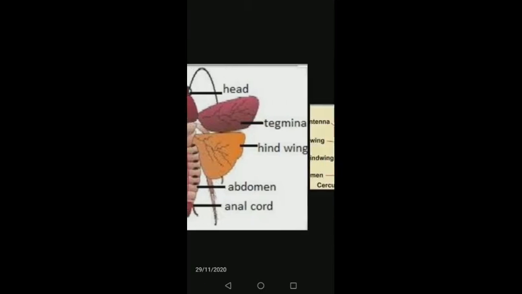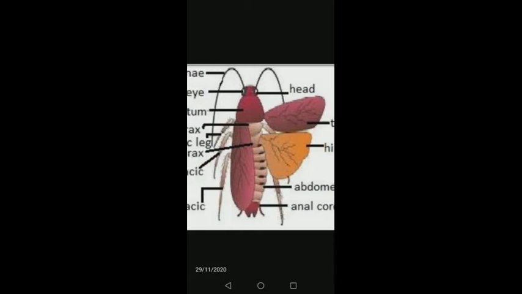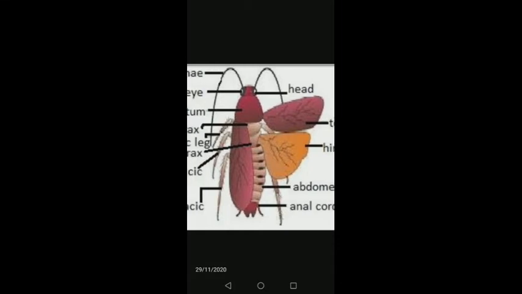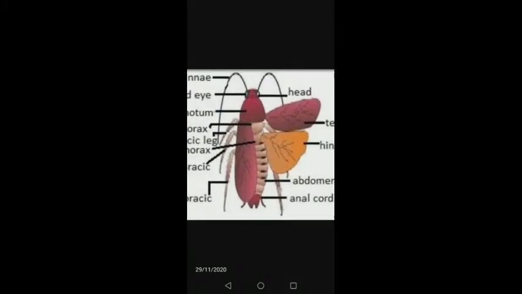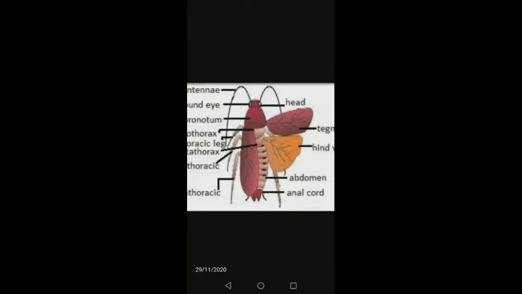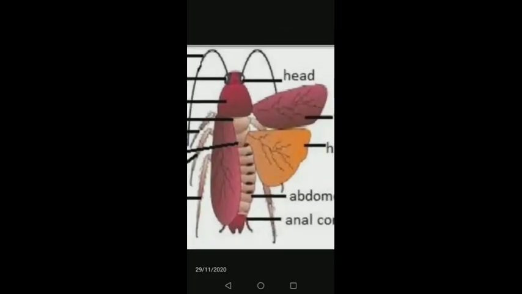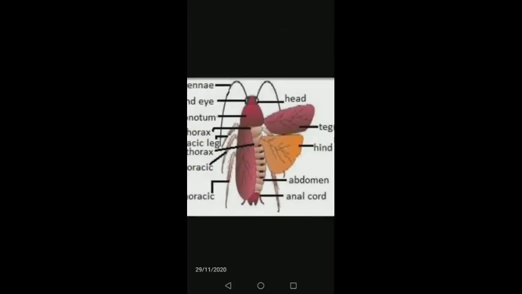Cholera, diarrhea, tuberculosis and typhoid. Since they transmit all these diseases caused by bacteria, this cockroach is called a vector. What do you mean by vector? Vector means transmitter. They transmit disease. That is why we call it a vector.